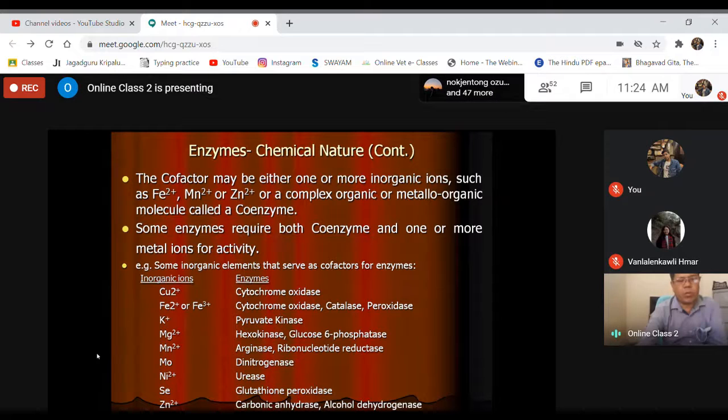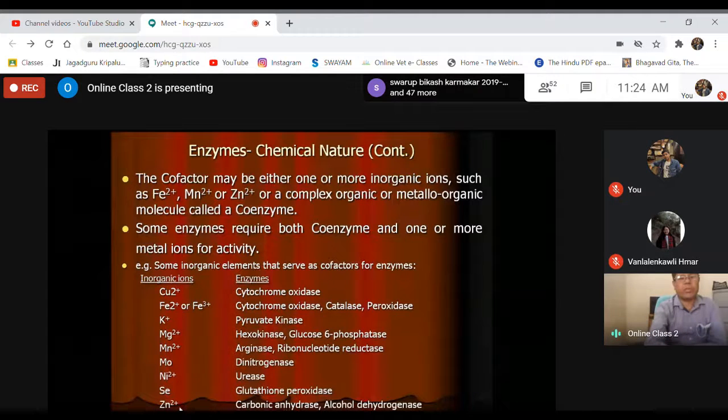Selenium is required for glutathione peroxidase. Then zinc is required for carbonic anhydrase and alcohol dehydrogenase. So there are many enzymes which require inorganic metal ions, which we call cofactors.